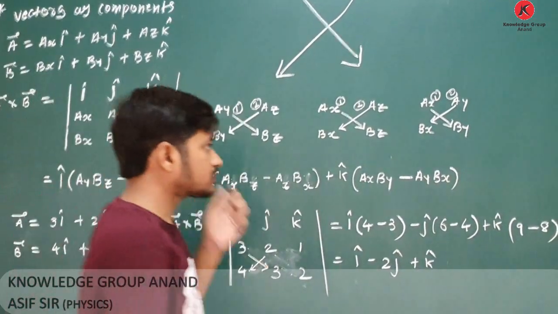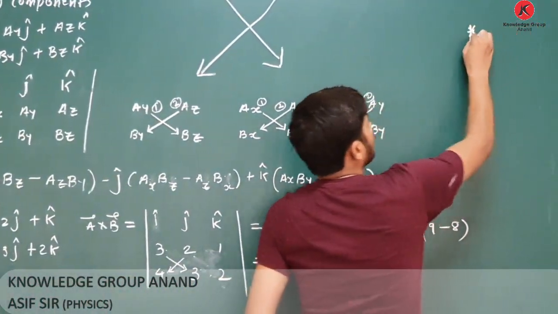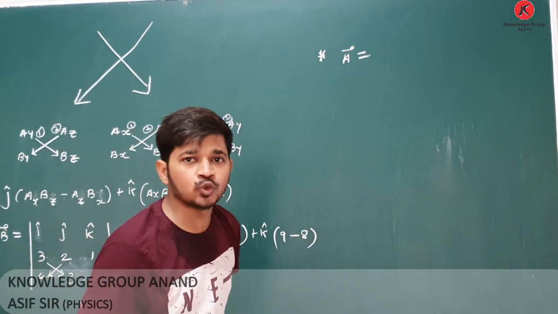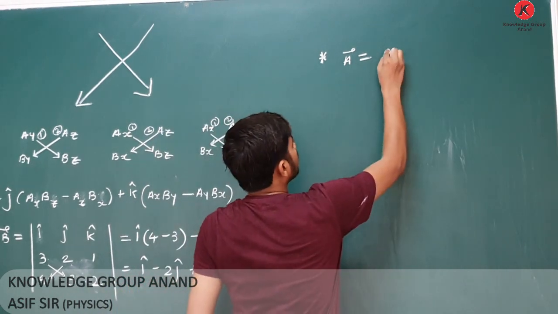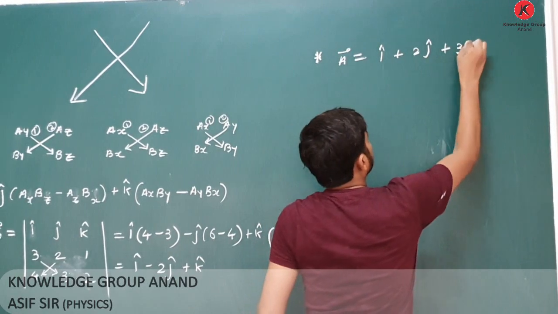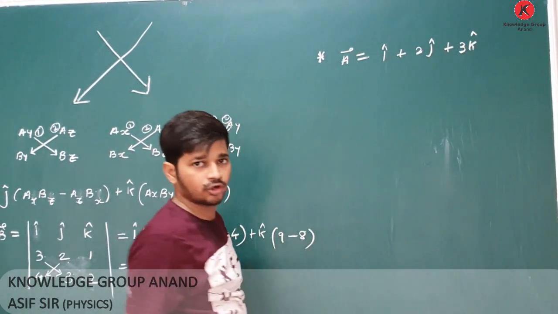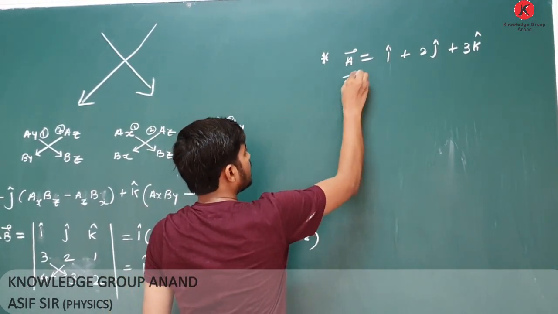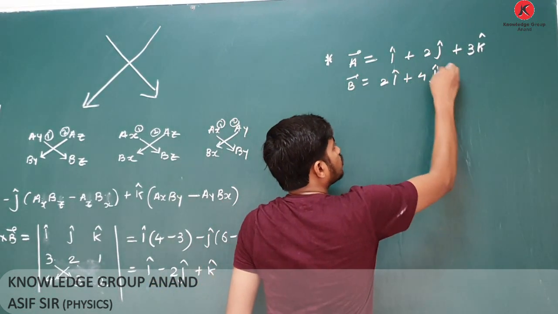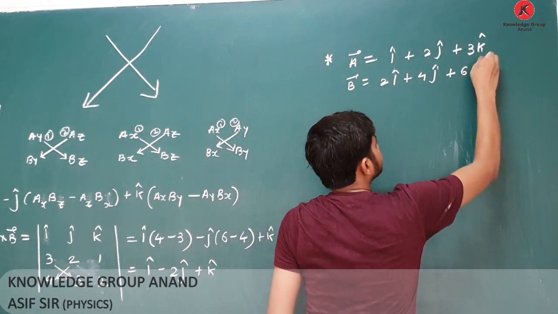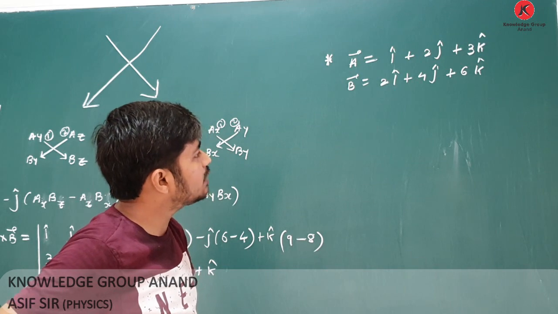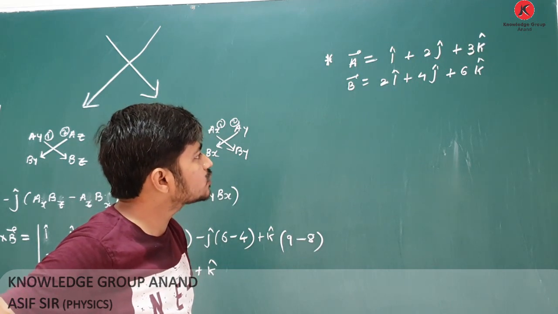If I have two other vectors, A is equal to i caret plus 2j caret plus 3k caret. Another vector B is equal to 2i caret plus 4j caret plus 6k caret. Clear about this? A is i plus 2j plus 3k, B is equal to 2i plus 4j plus 6k.